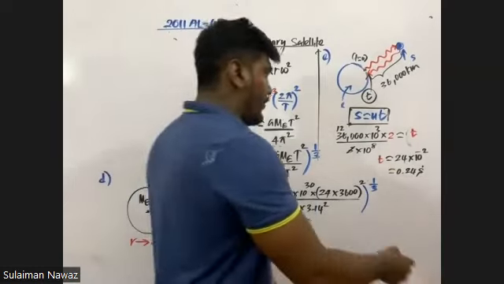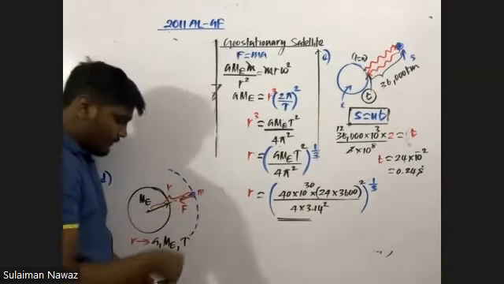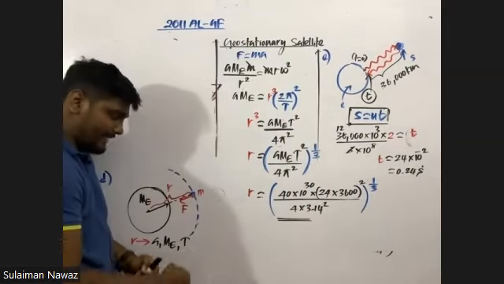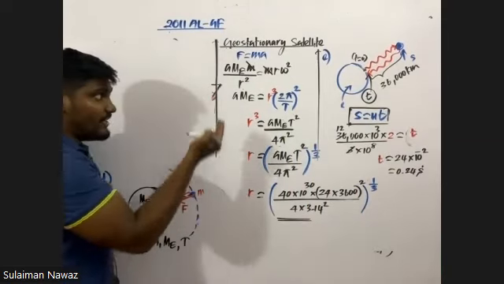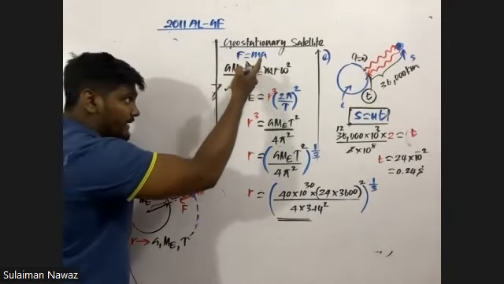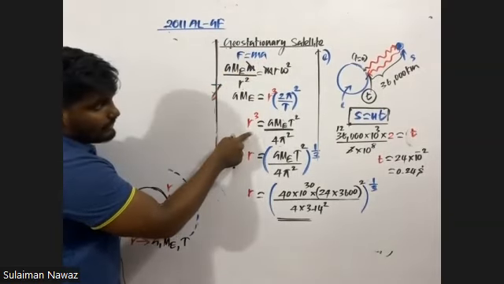I'm not going to derive it again. In part F also they talk about a satellite. When you apply F equals MA, G capital M and small m cancel out. Even if you derive it, it would end up with this equation.